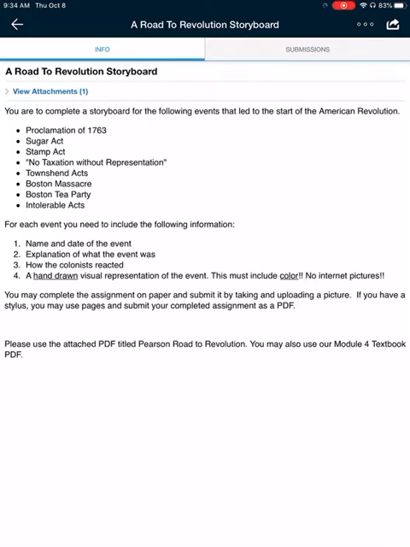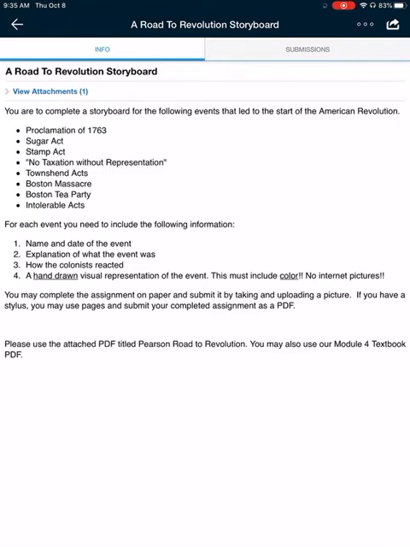For each event, you need to include the following information. The name and date of the event. Luckily, the Proclamation of 1763 already gives you the name and date, however, for the other ones you'll definitely need the date of the event. You're going to explain what the event was. So what was the Proclamation of 1763?